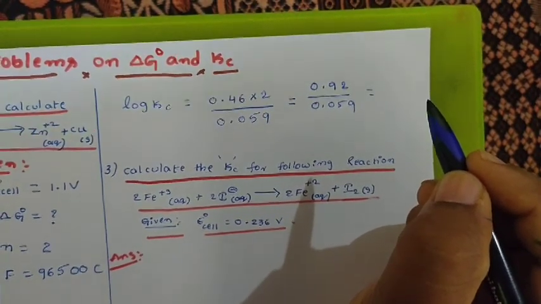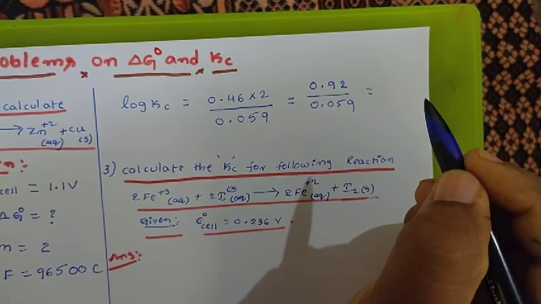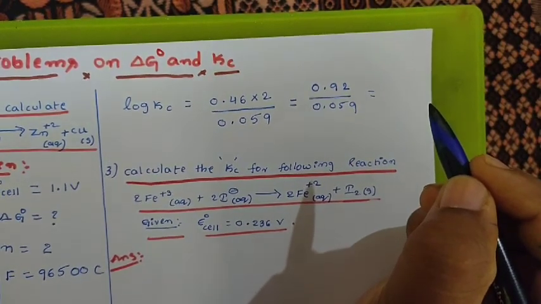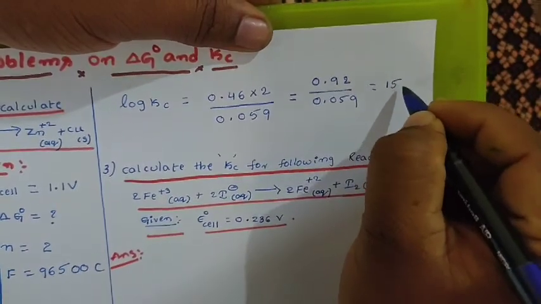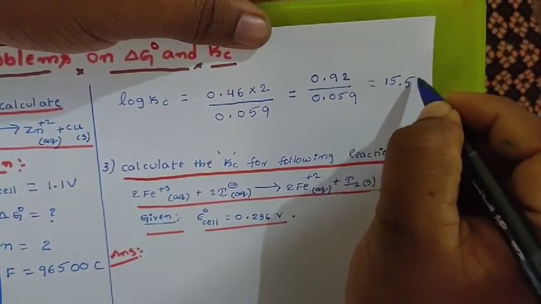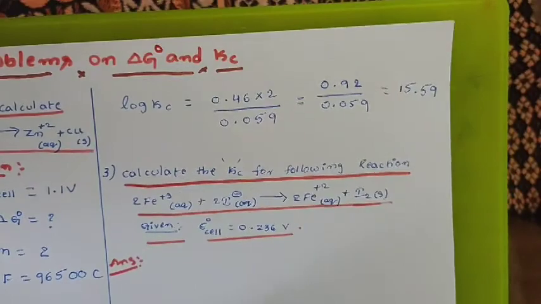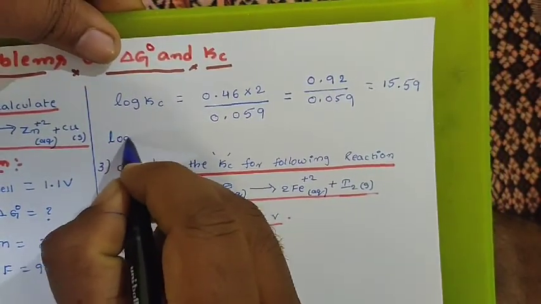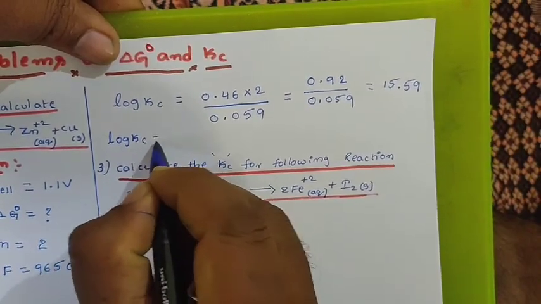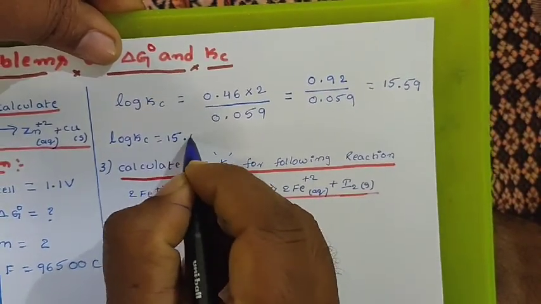0.92 divided by 0.059 is equal to 15.59. Okay, now log Kc is equal to 15.59.